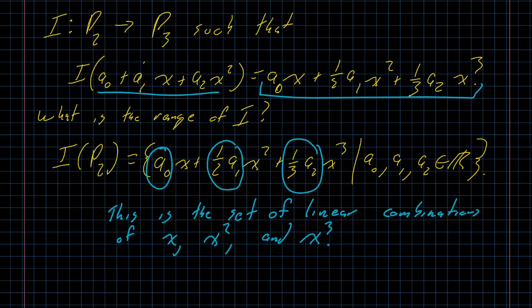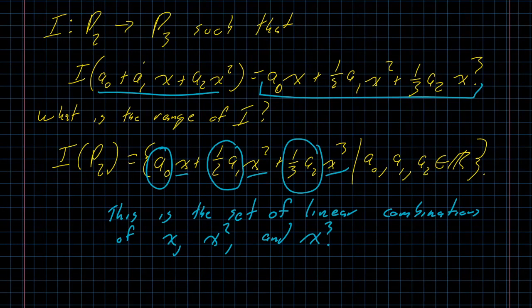The range here is the set of all linear combinations of x, x squared, and x cubed. Right? That's the very definition of a linear combination. I could go through the mechanisms of trying to rewrite that using clearer coefficients if I wanted to, but I don't really care. You've seen how that works. We don't really go through all of that every time because it's something that happens so frequently.